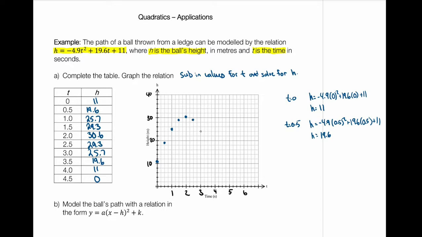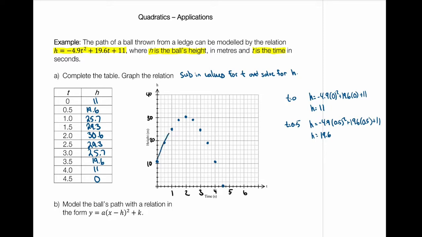So we do see that repetition in numbers again, which is nice because that means we have come up with something roughly correct, because we do have this parabolic shape. Then 4 and 4.5, it ends at 0.